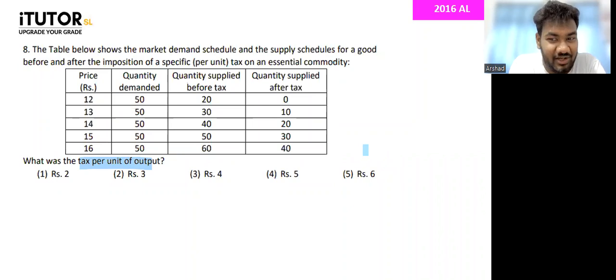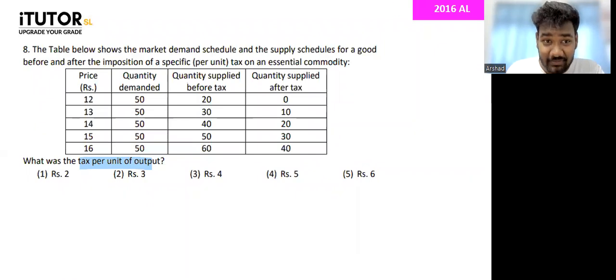What's the approach? Did you make a supply equation and do it? What did you all do? How did you come to the answer for this? Can't remember. Okay, so let me teach you how to get this.